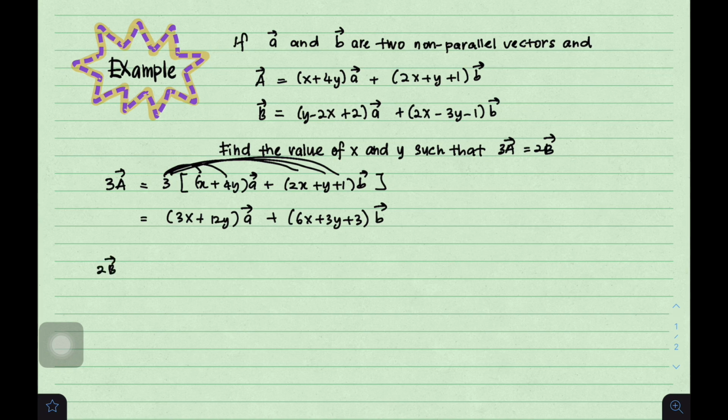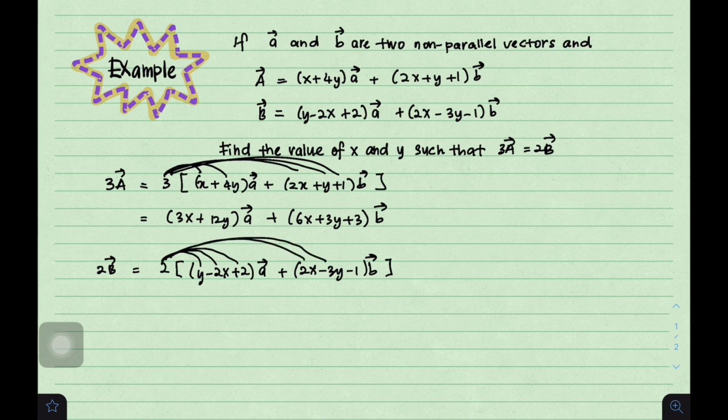So macam mana kita nak cari 2B pula? So just darab skala 2 dengan semuanya. Okay, so 2B kita adalah (y minus 2x plus 2) times with vector a plus with (2x minus 3y minus 1) times with vector b. Okay, so apa kita kena buat? Just multiply the scalar. Sini, sini, sini. Okay, dan sini, sini, sini.